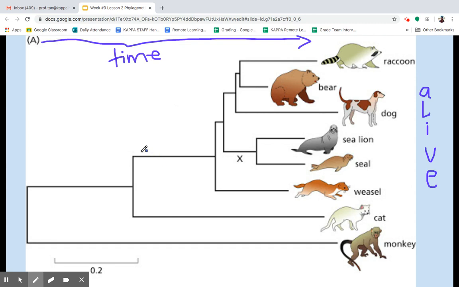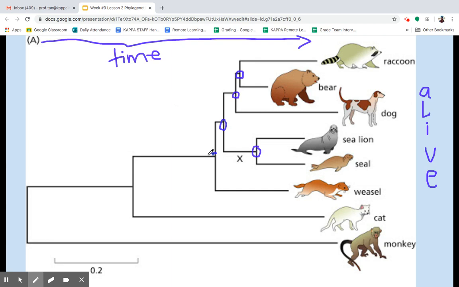And any species that would have happened before them are no longer living. So when you look at these connections here, there's these little points called nodes. So that's when two lines come together and connect.